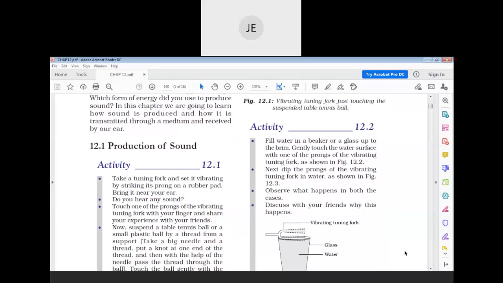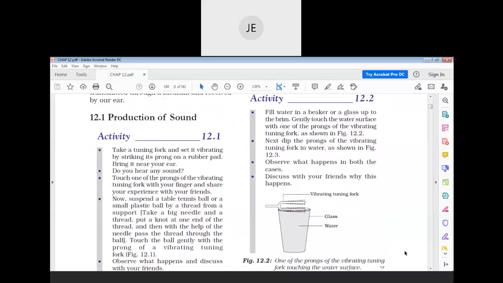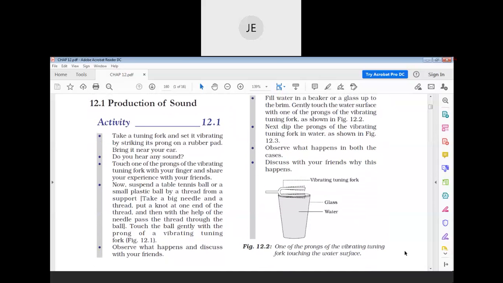Production of sound: take a tuning fork and set it vibrating by striking a prong on a rubber pad, and bring it near your ear. Then what happens?